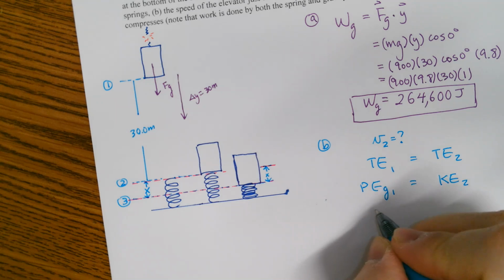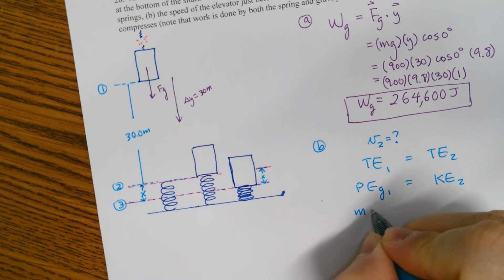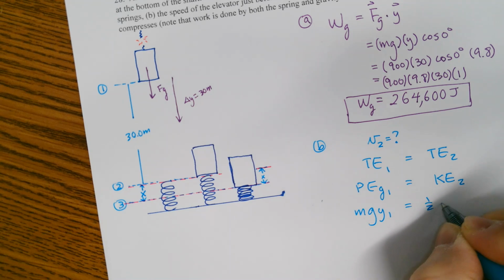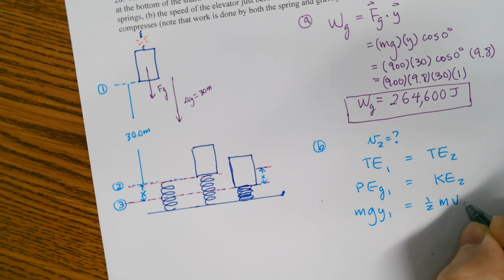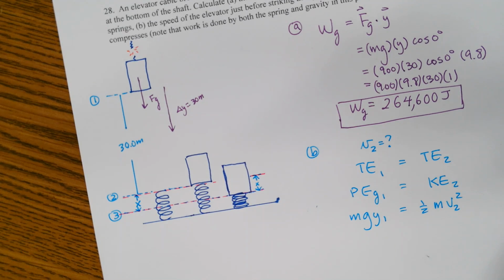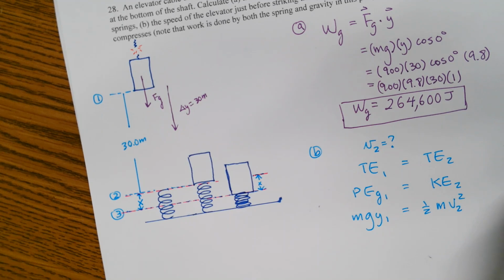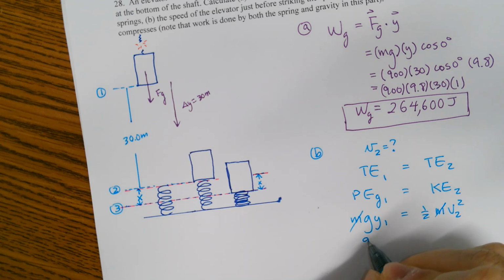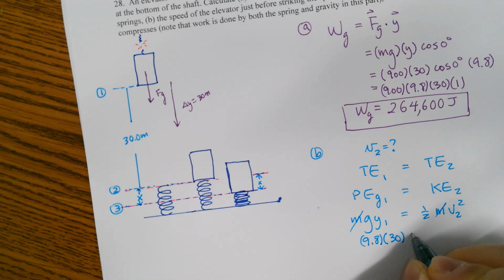Okay? So here, mgy1 is equal to 1 half m v at 2 squared. Okay? So you can cancel out the masses. So you get 9.8 times 30 is equal to 1 half times v2 squared.